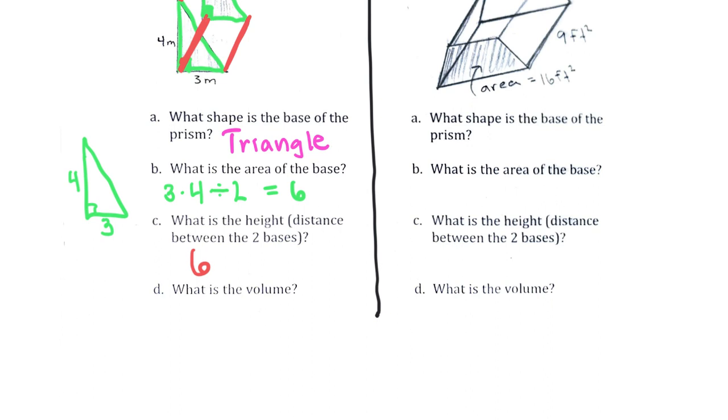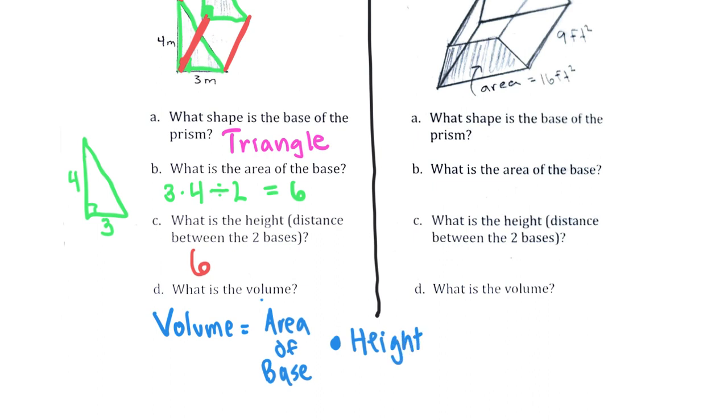And the last thing we need to do with this prism is find the volume. The volume is equal to the area of the base multiplied by the height.